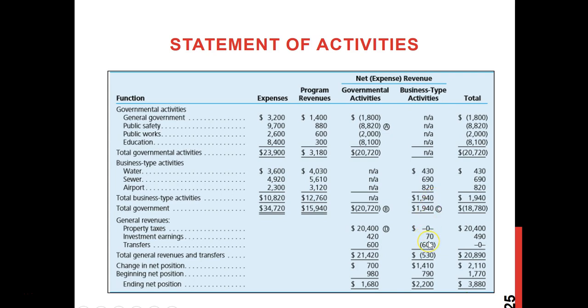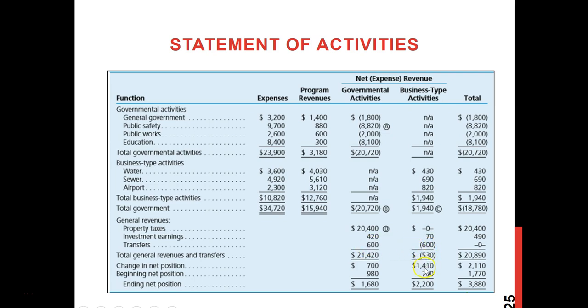And then usually business type activities are basically financed through those charges and fees that the government entity collects from the public. So you will see that very little is spent on general revenues. Rather, they transfer a little bit of funds from business type to governmental activities.